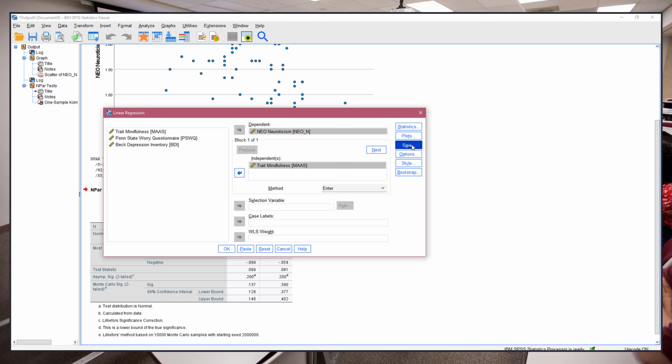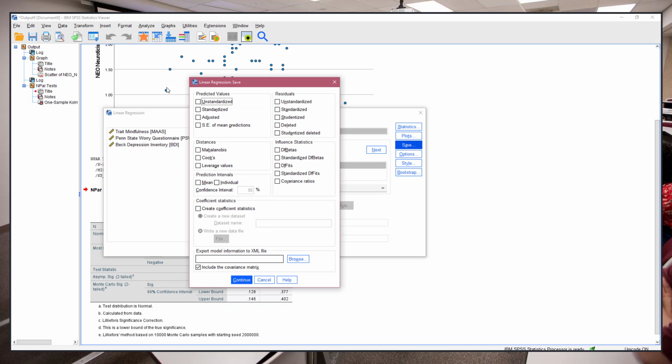Then if we want, we can go to Save. There's a lot of options here. We're only going to pay attention really just to one, right? So go ahead and click Predicted Values Unstandardized. What that's going to do is for every case in your data set, it's going to make an extra variable that shows you what the regression model would predict their score to be.